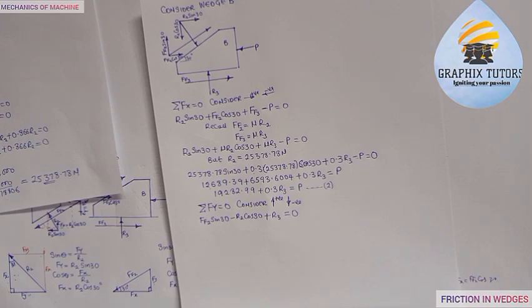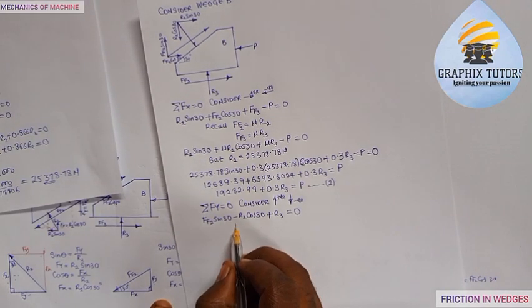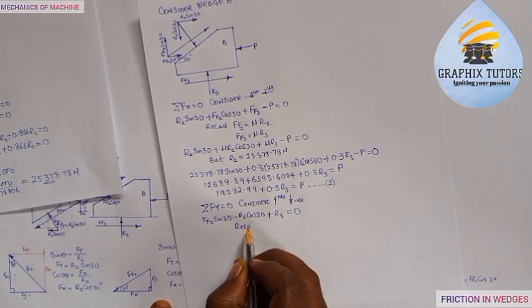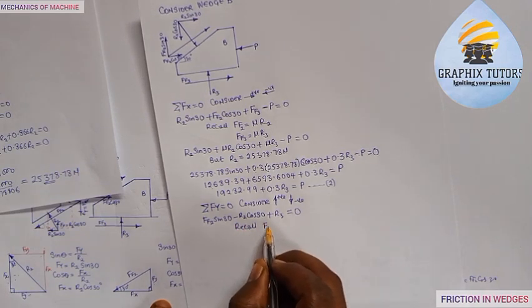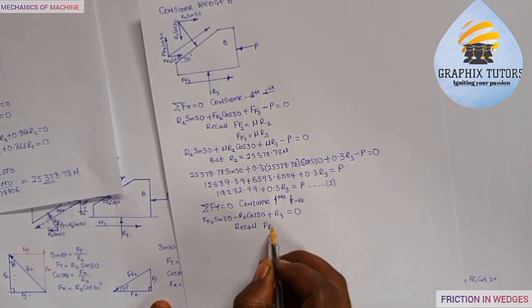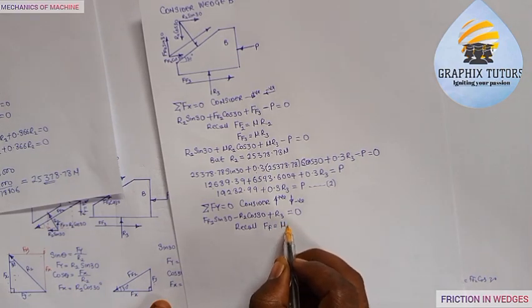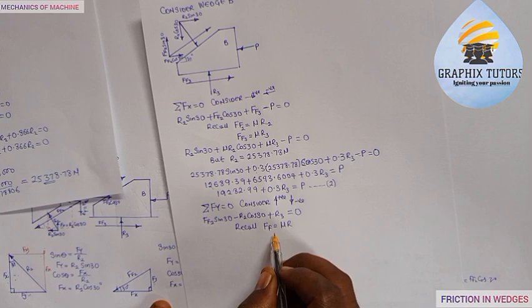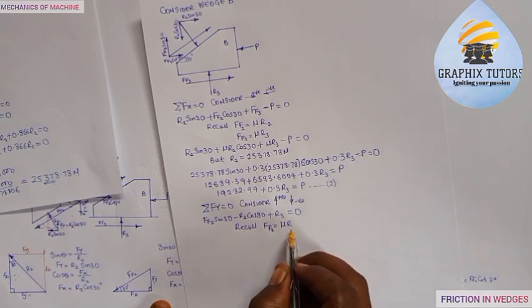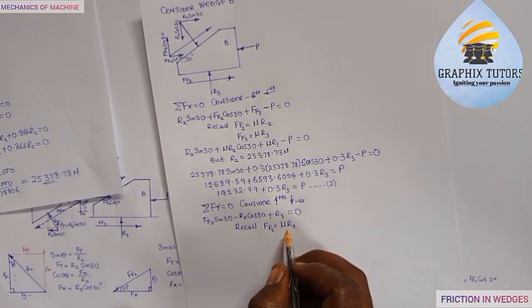Now we know very well, recall, frictional force is equals to coefficient of friction times the normal reaction. So frictional force 2 is coefficient of friction 2 times normal reaction 2. So I'll implement it here.